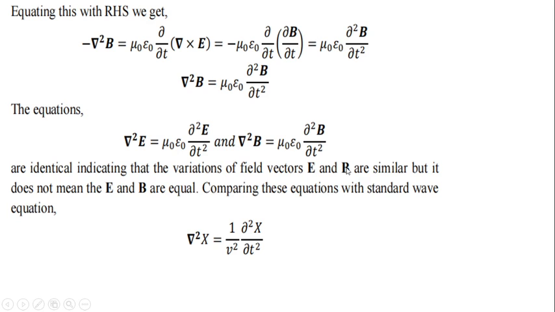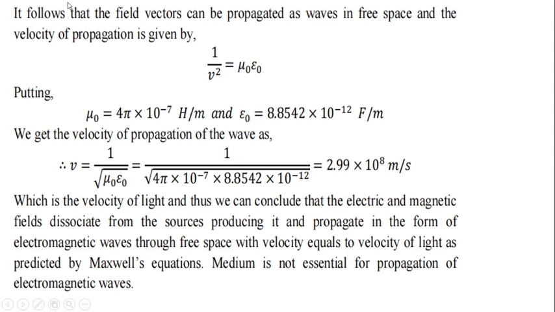Comparing this equation with the standard wave equation, that is del square x equal to 1 by v square delta square x by delta t square, it follows that the field vectors can be propagated as waves in free space, and the velocity of propagation is given by 1 upon v square equal to mu 0 epsilon 0.